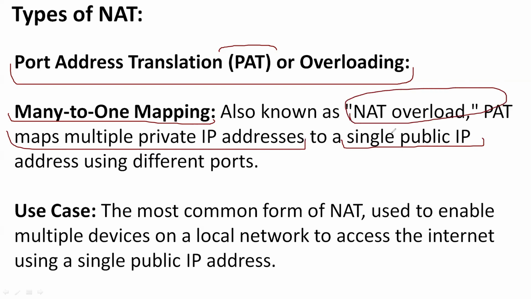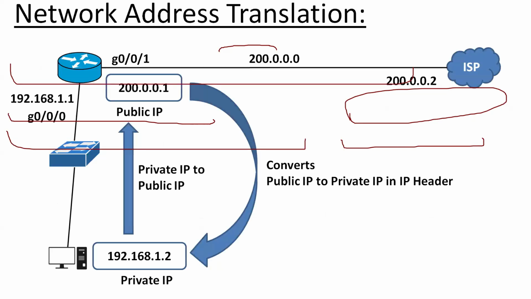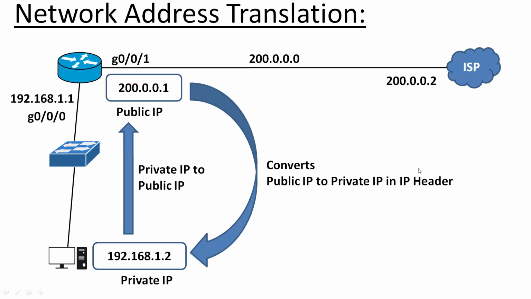Usually in your local area network, when you set up a Wi-Fi access point or any router or switch, a single IP address is provided by the internet service provider, and with that single IP address you can use multiple devices in your local area network. That can be done by port address translation.